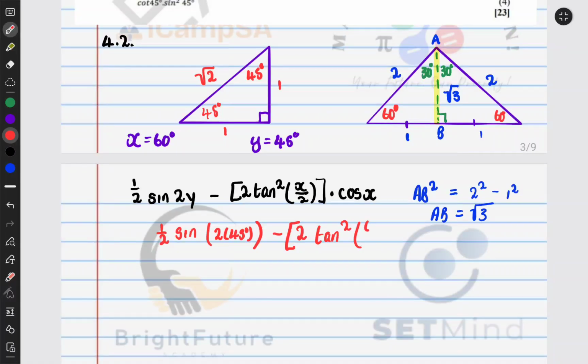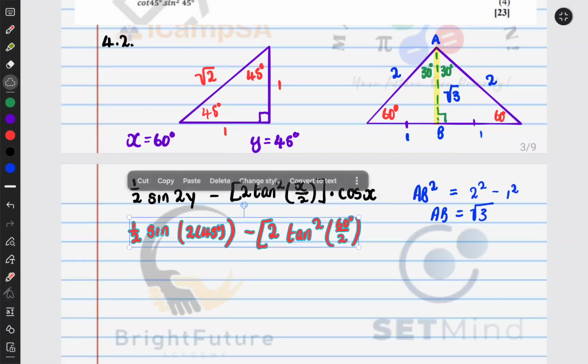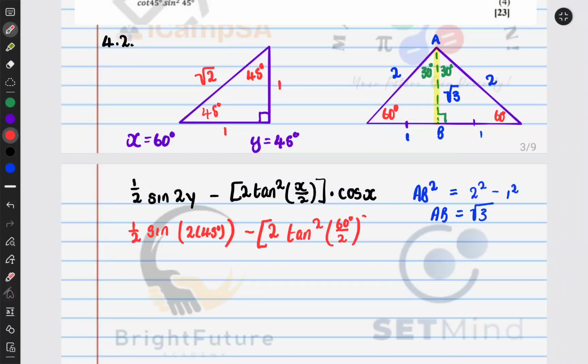What is our x? X is 60 degrees divided by 2. Multiply by cos x. X is 60 degrees, so close this bracket here. Multiply by cos x. For these two brackets, let me use a different color.